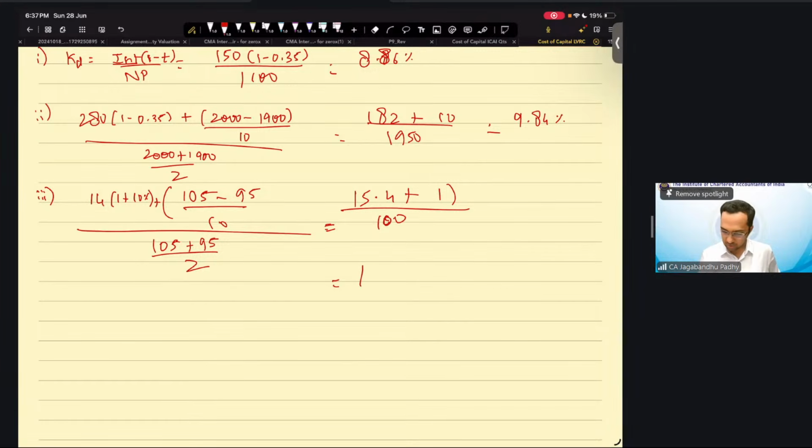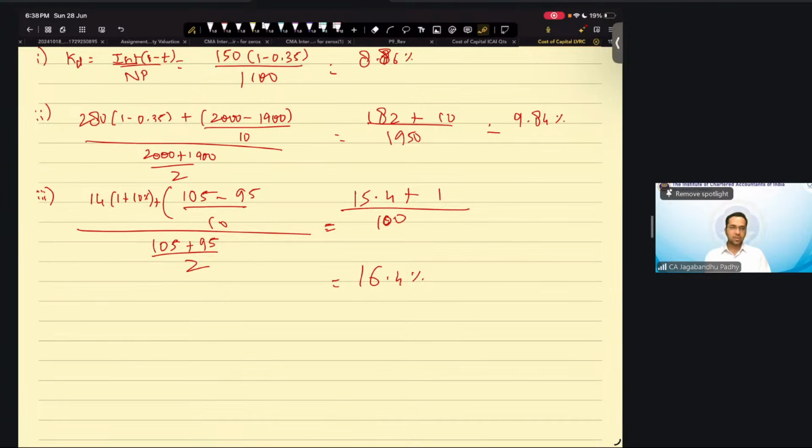So that's 16.4%, right? The answer is 16.4% because this side you have 15.4 plus you have this as 1, then divided by 100.